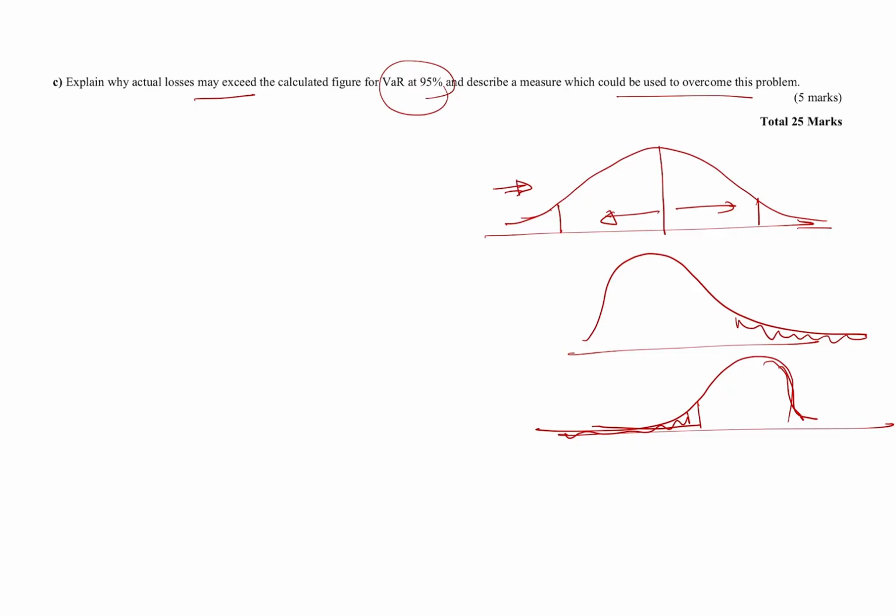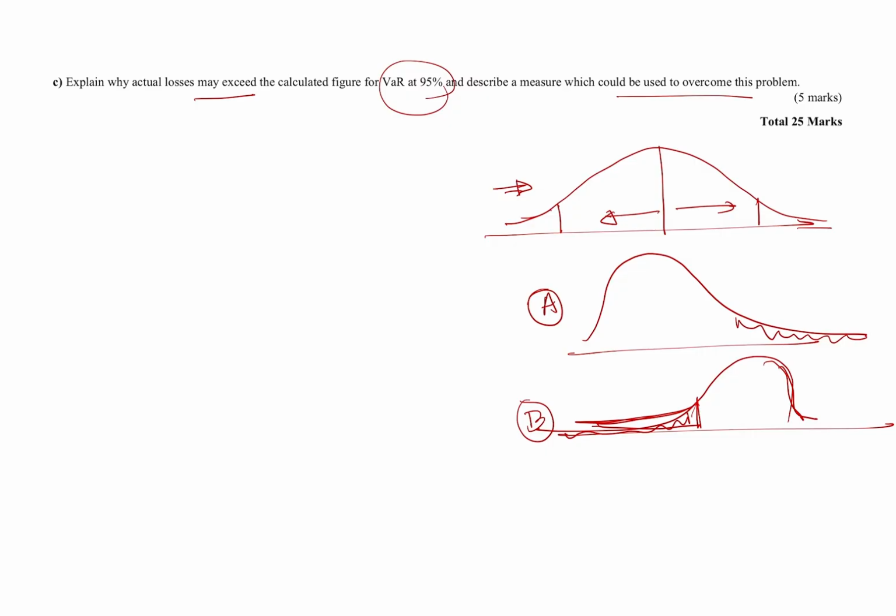Since the VaR considers the value at the extremes, for the negative values the actual losses tend to be more negative than the normal distribution, or the VaR, will tell us.